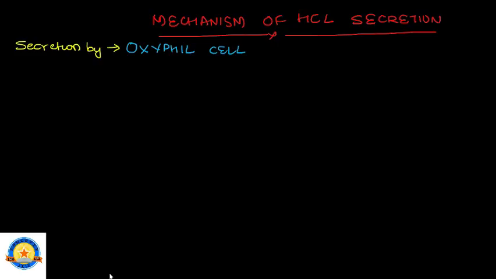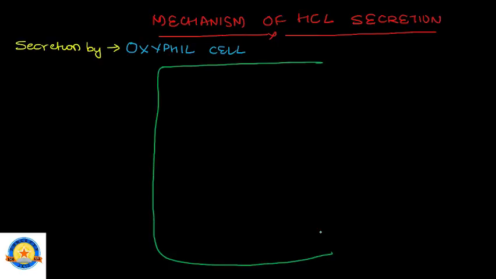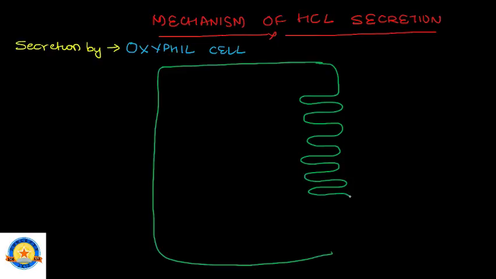First of all, we will make a cell. Which color? I'll use green. So this is our cell. This is not a gastric pit or gastric mucosa. This is one oxyphil cell present in a gastric gland.